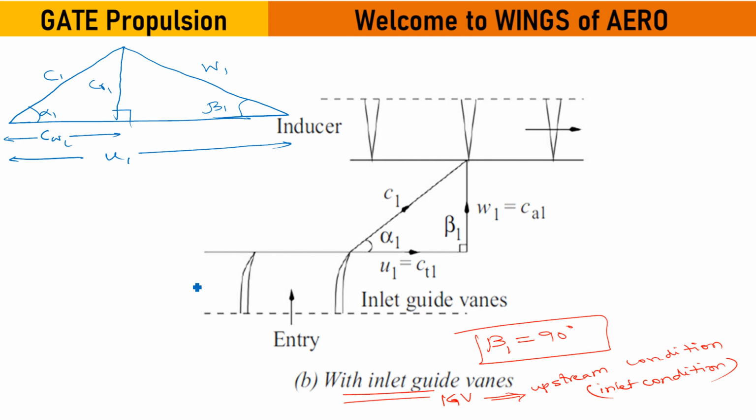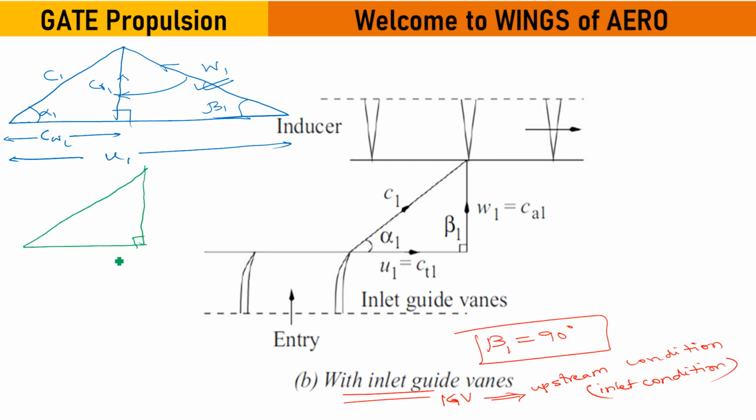Now with the inlet guide vane, beta 1 is given as 90 degree. That means this W1 velocity line is going to transform over here. So it will become like this.